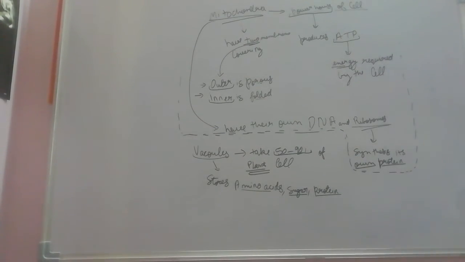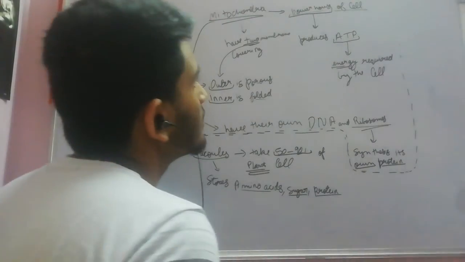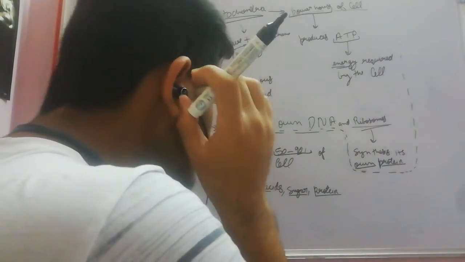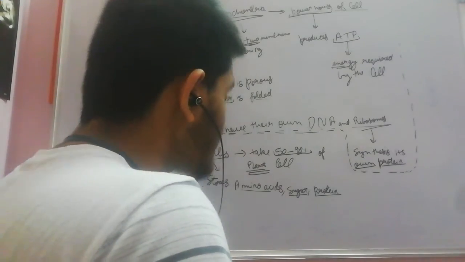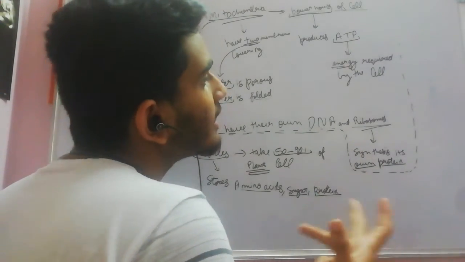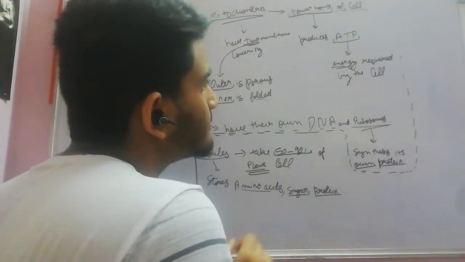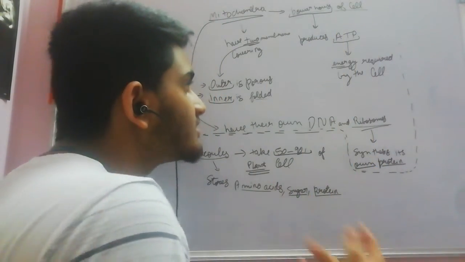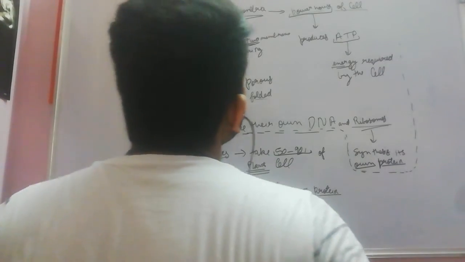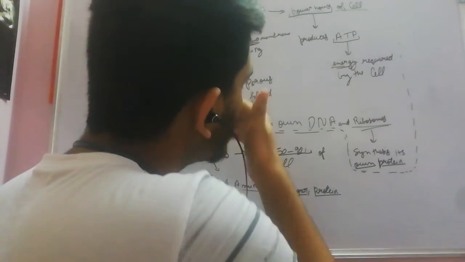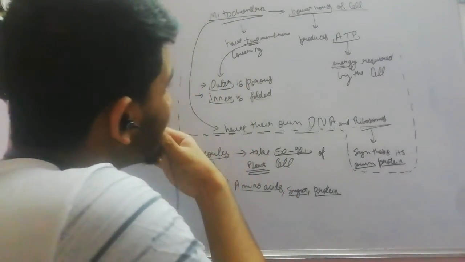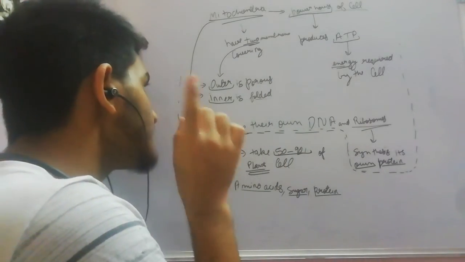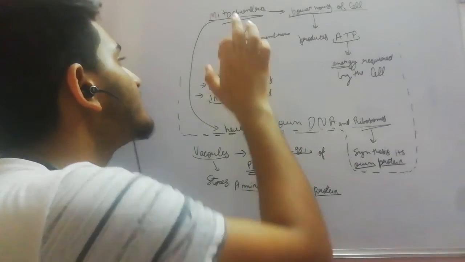Okay, now let's talk about mitochondria. Mitochondria is called the powerhouse of the cell. Why is it called the powerhouse of the cell? Because it produces the energy required by the cell in the form of ATP. ATP acts as the energy which is required by the cell to perform various metabolic activities. And mitochondria have two membranes. The rest of the cell organelles have only one membrane to cover them, but it has two membranes.